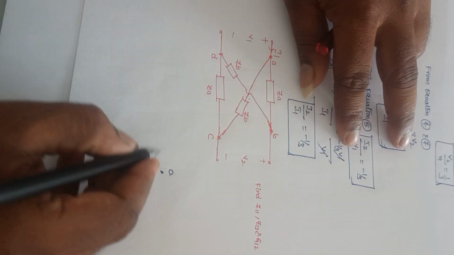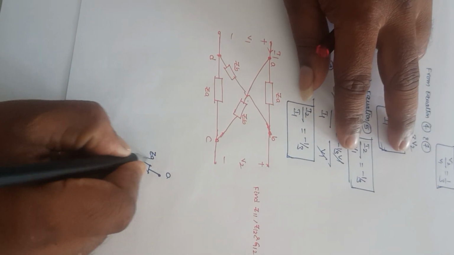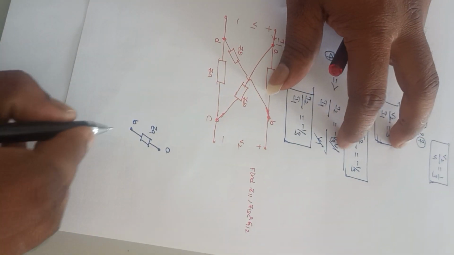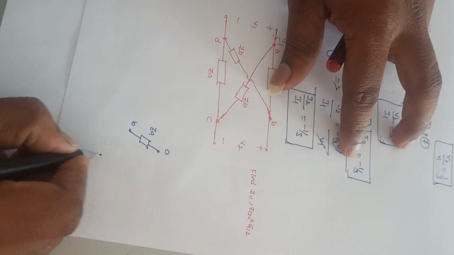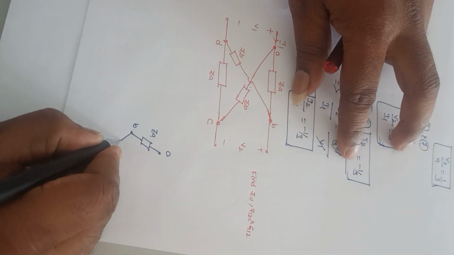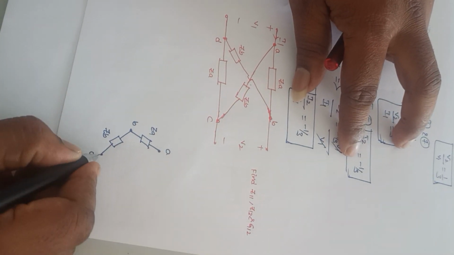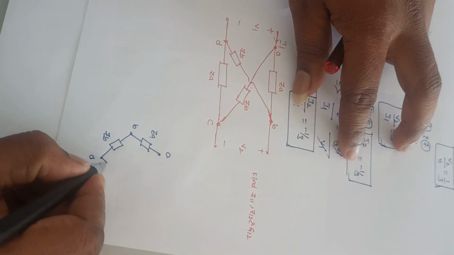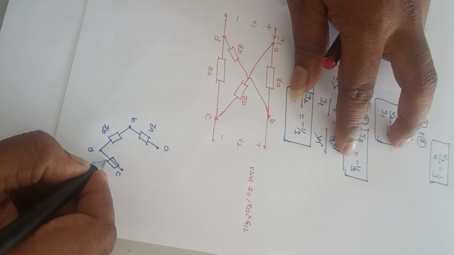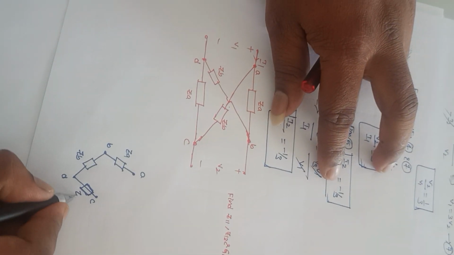In between A and B there is an impedance whose value is ZA. Between B and D, let us consider this is the D point, there is an impedance whose value is ZB. And between D and C, let us take this is the C point, the impedance connected between D and C is ZA.